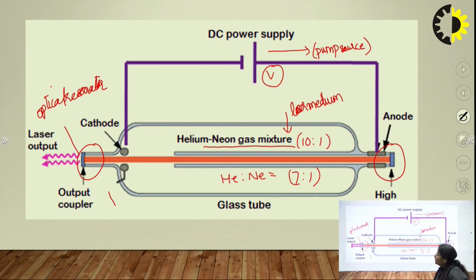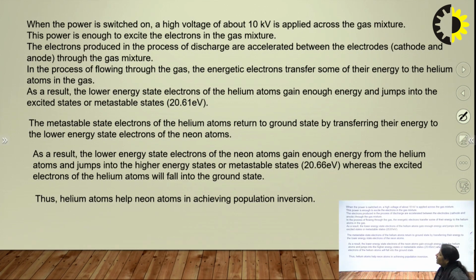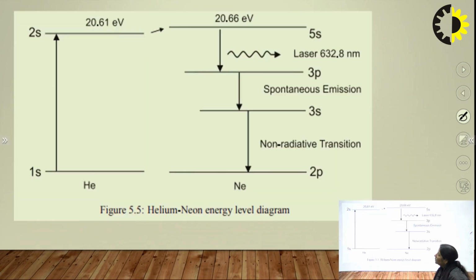We will look at the energy level diagram for the helium neon like this. This is the energy level diagram for the helium neon laser, and here you can see the energy level diagram of helium and how the electrons interact with the helium.